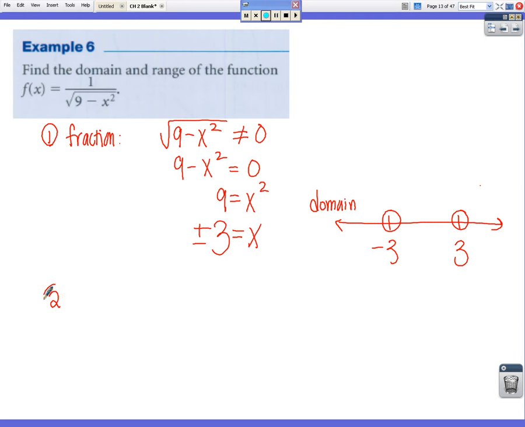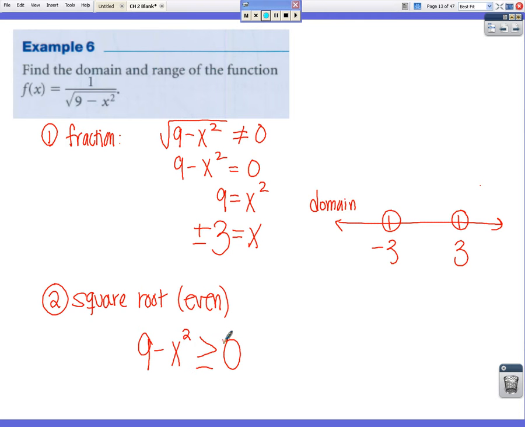Second problem is the fact that it's a square root. So all even roots have a restriction. The restriction is that the value underneath, so the value underneath would be 9 minus x squared, has to be greater than or equal to 0. So what I'm going to do is come over to my sign line that I already started, and if I put in the value 0 into 9 minus x squared, I would actually get a positive value.